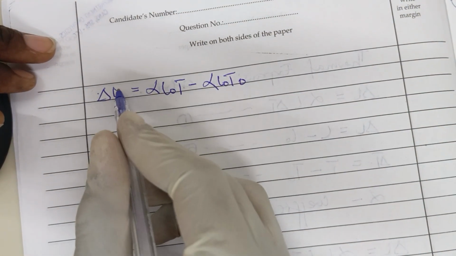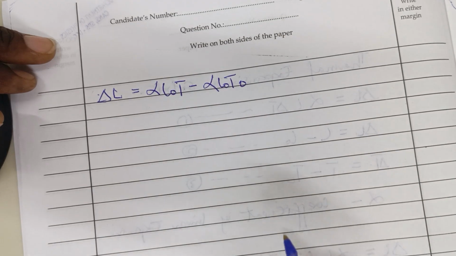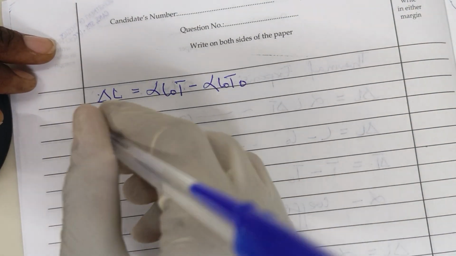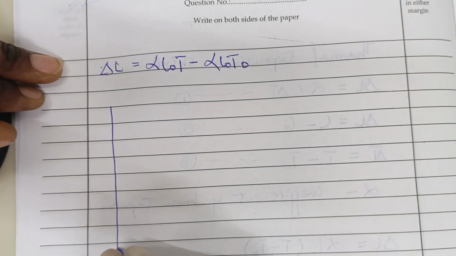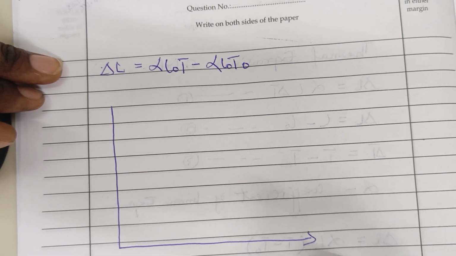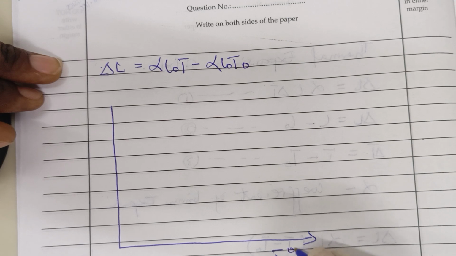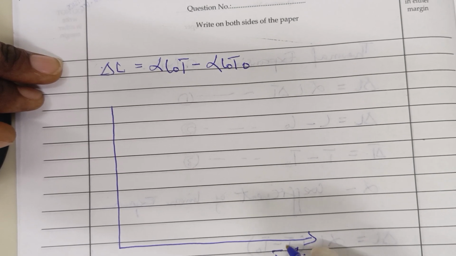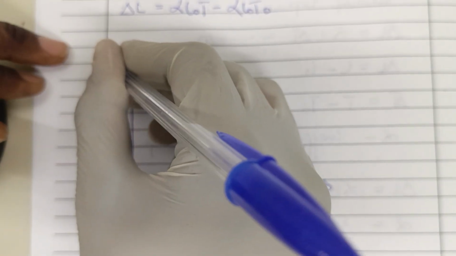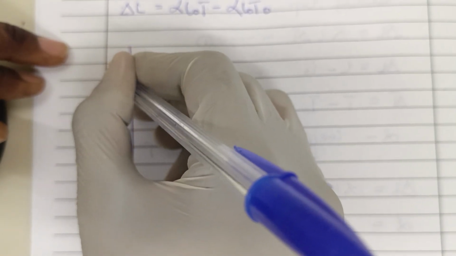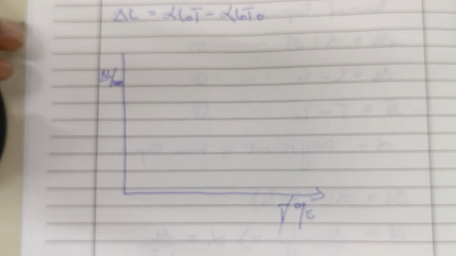This is our y, this is our x, this is our gradient. Our graph is supposed to look something like this, where this should be T in degrees Celsius, and this is change in L in mm.